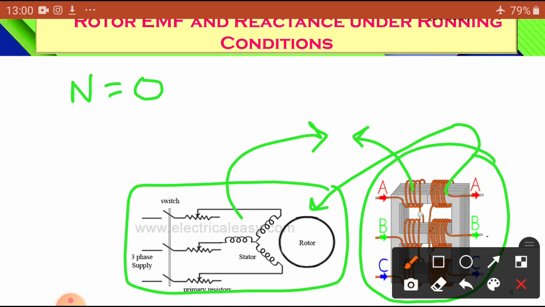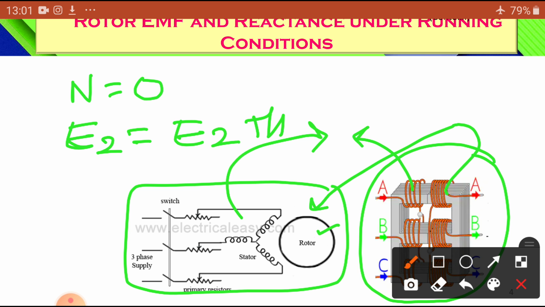Whatever the EMF induced in the rotor, E2, is just like the secondary induced EMF in a transformer, and the frequency of the rotor is equal to the frequency of the primary as well as the secondary of the transformer.